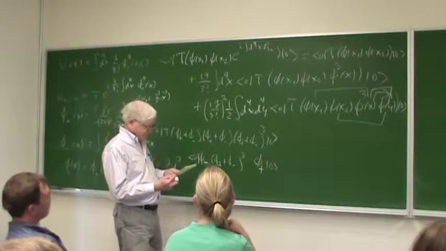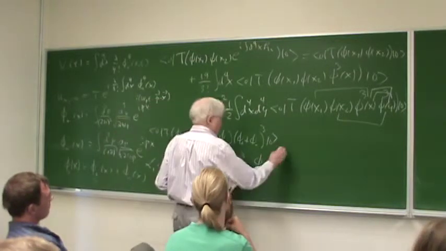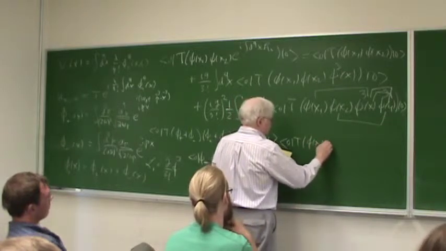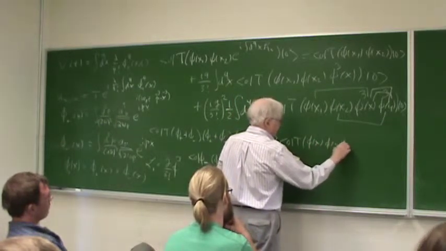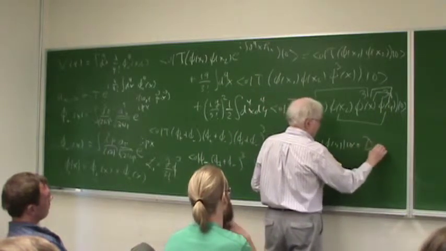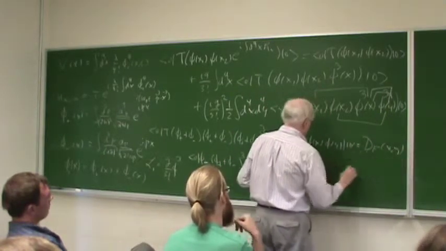All right. Now, let me remind you that the vacuum expectation of the time-ordered product, phi of x, phi of y, is the Feynman propagator D_F of x, y.